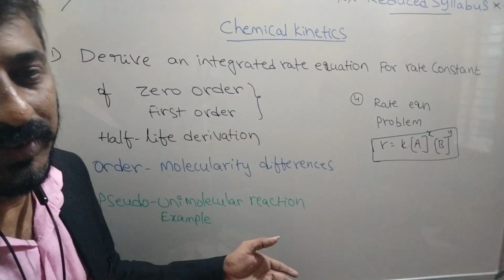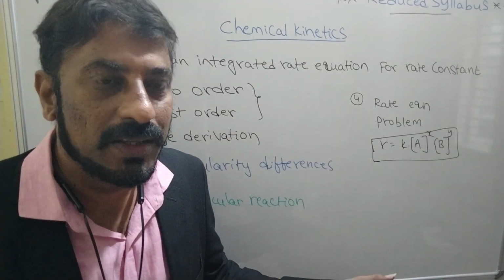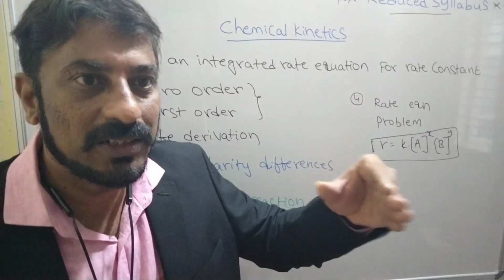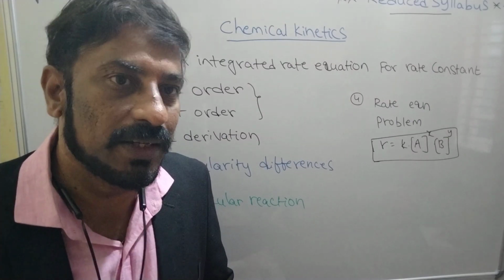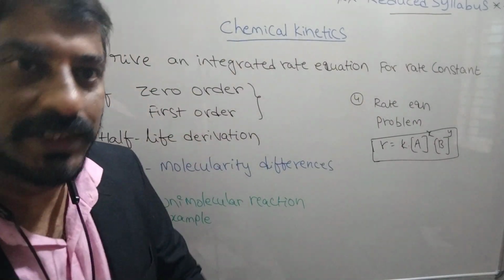Half-life derivation: the first order reaction's half-life is independent of the concentration of the reactants. They will ask you to prove that. Or the zero order half-life derivation, 2 marks.